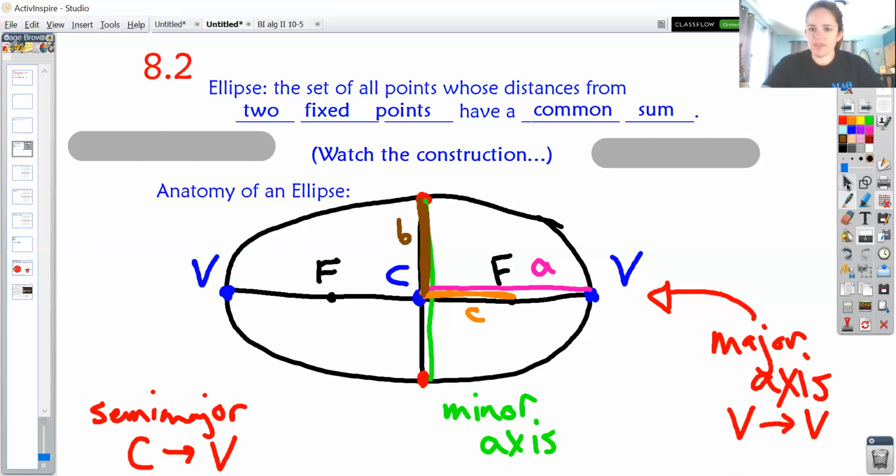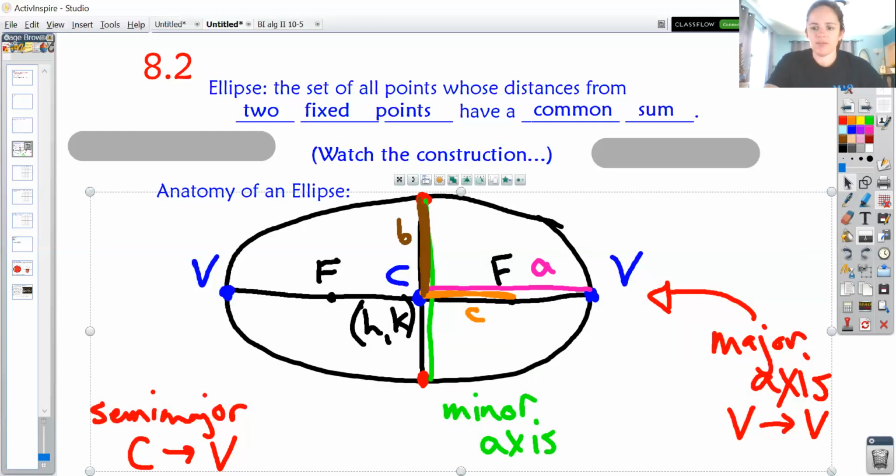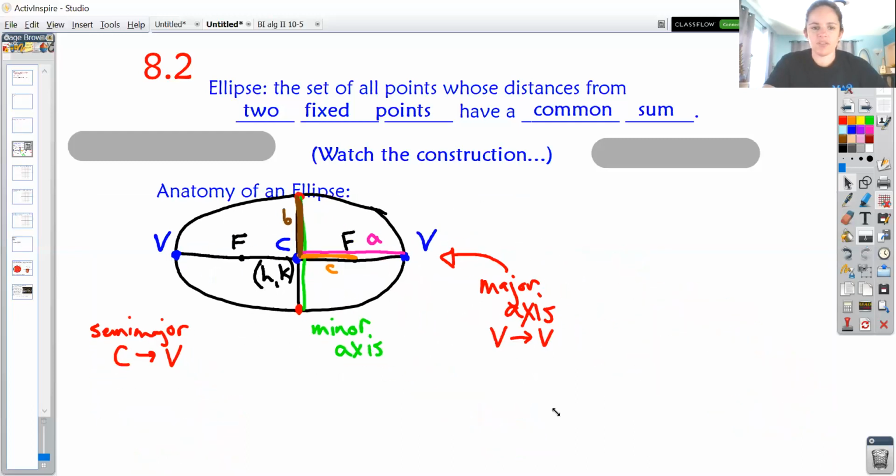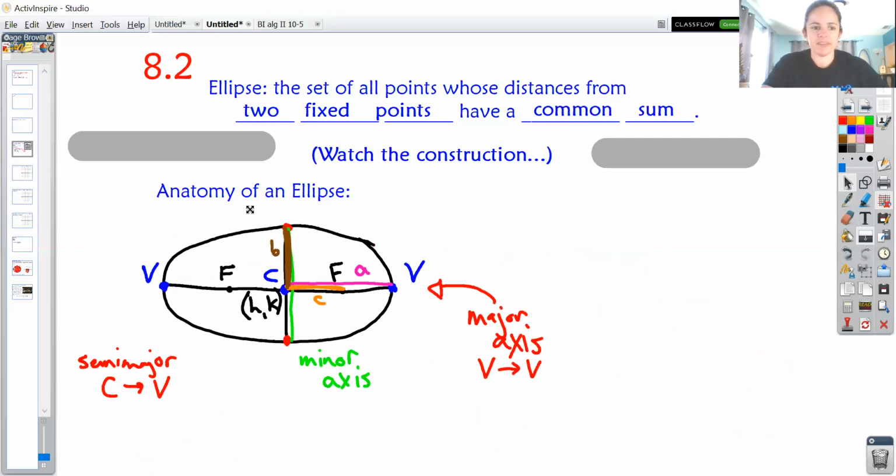So using this template, we're also going to give the center some coordinates. The center is going to be (h, k). Then using this, we now can make an equation template for our ellipse. Just like a circle has the x coordinate squared plus the y coordinate squared equals a constant, the ellipse has the same.